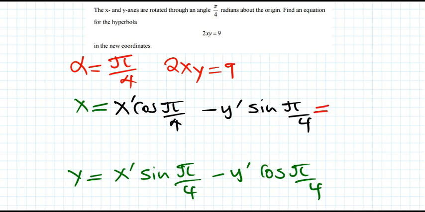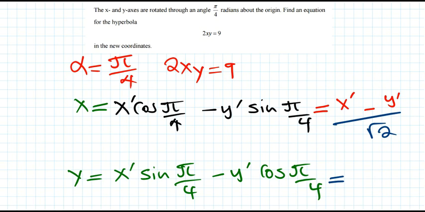So we are going to have x prime cosine pi over 4, which I've said is 1 over root of 2. So when you multiply x prime with 1 over root of 2, it's the same as just x prime over root of 2, and then minus y prime over root of 2, since we're multiplying by 1 over root of 2. Which you can actually now combine, since the denominator is the same. So you can just say over root of 2. Do the same for the other one.